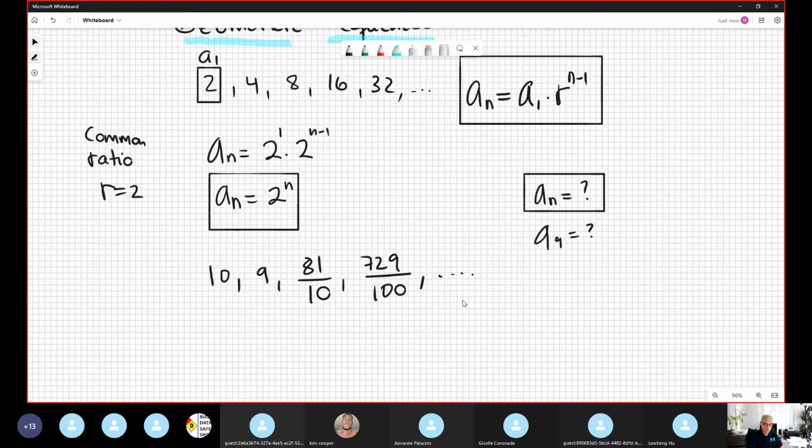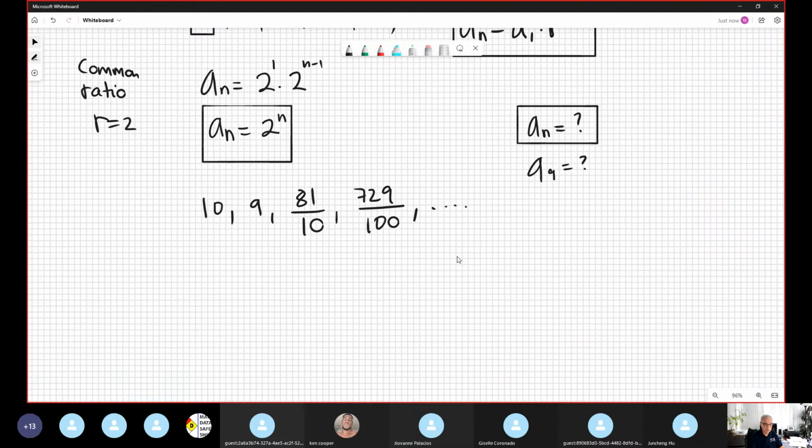First of all, you need to prove it's geometric. To prove it is geometric is easy. You divide. 9 divided by 10 is 0.9 in the calculator.